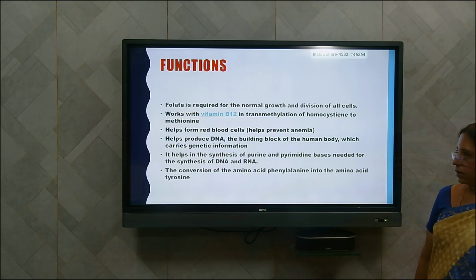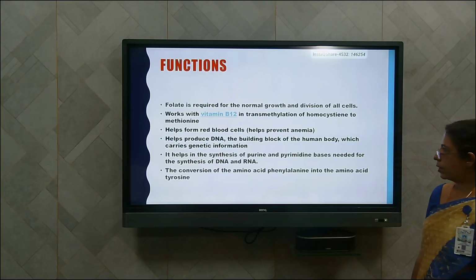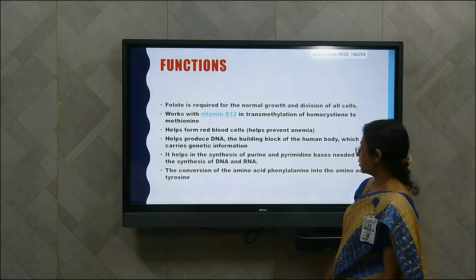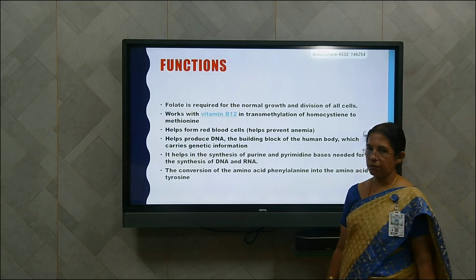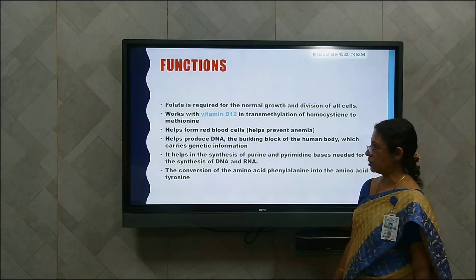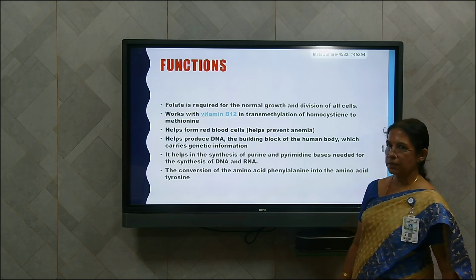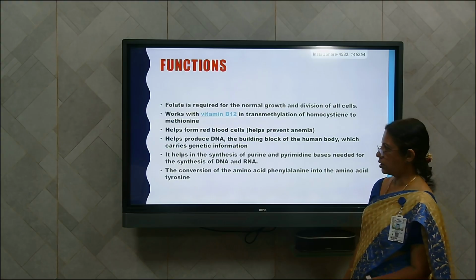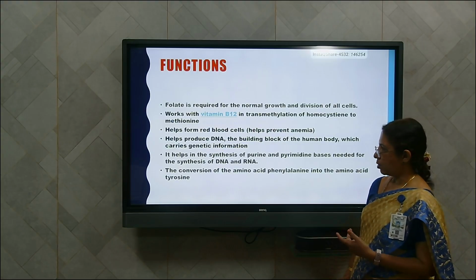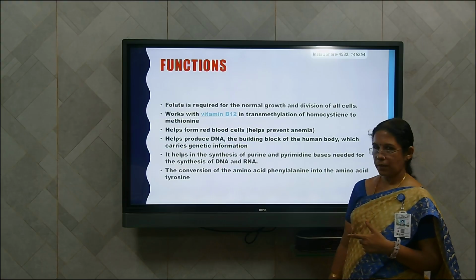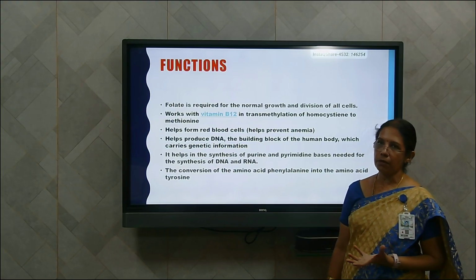Coming to the functions, folate has a number of roles to play in our body. It is very important and essential for our growth and for cell division. It works along with vitamin B12 in the transmethylation of homocysteine to methionine, and it also helps to cure anemia. That is where it helps in the development of RBCs.